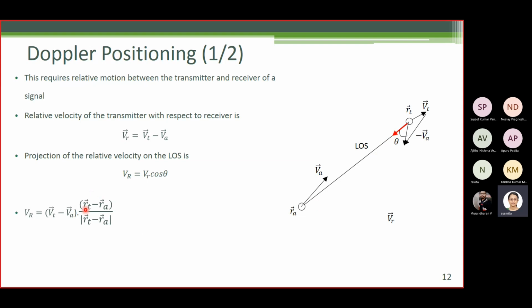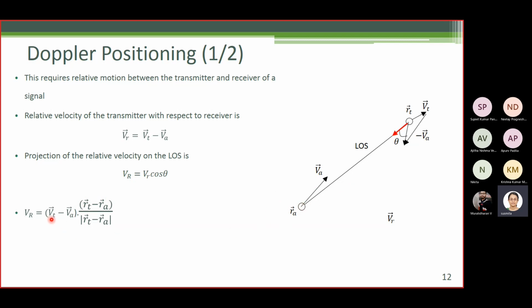We know RT is the position of the transmitter and RA is the position of the user. So we have RT minus RA, divided by the distance between the transmitter and the user, which gives the unit vector along the line of sight.